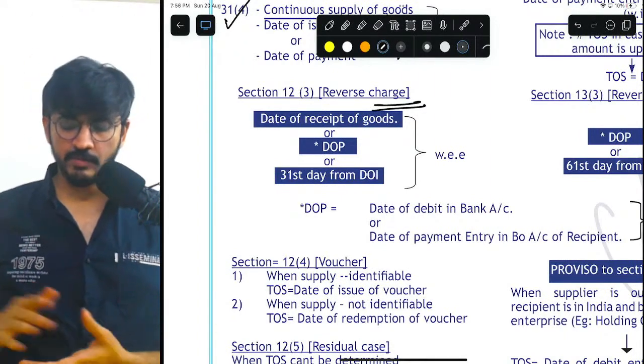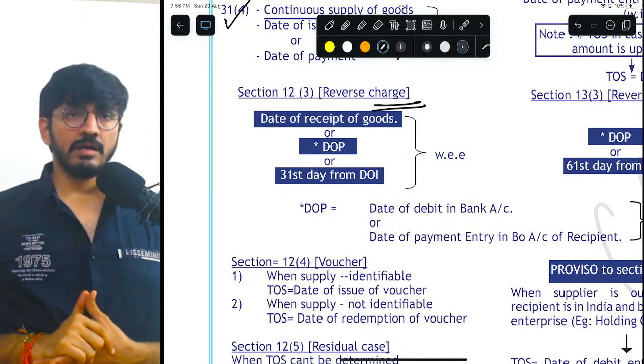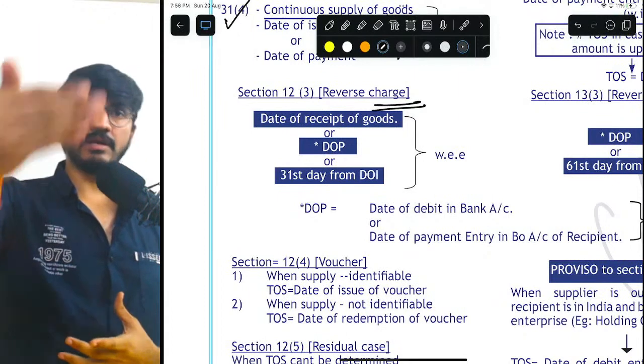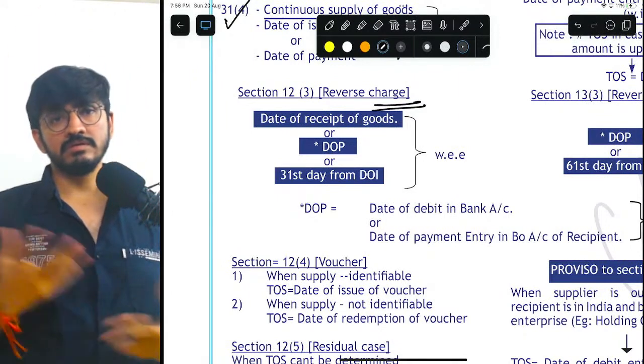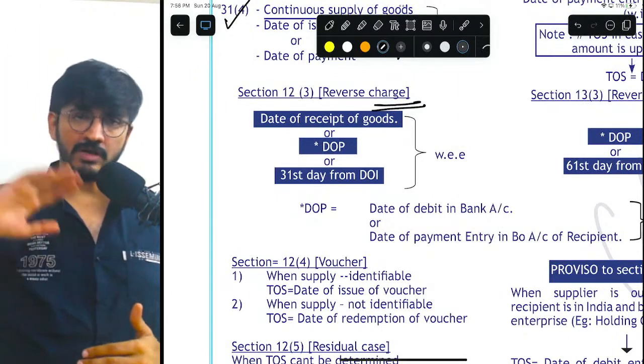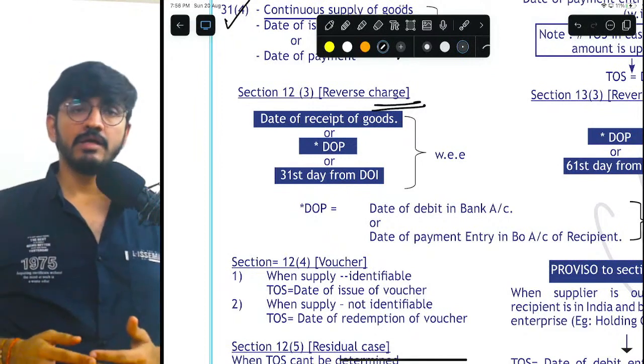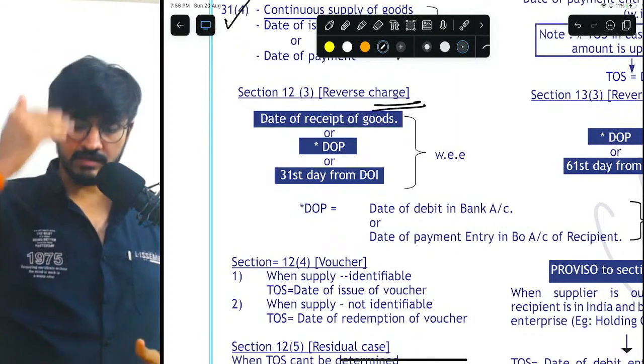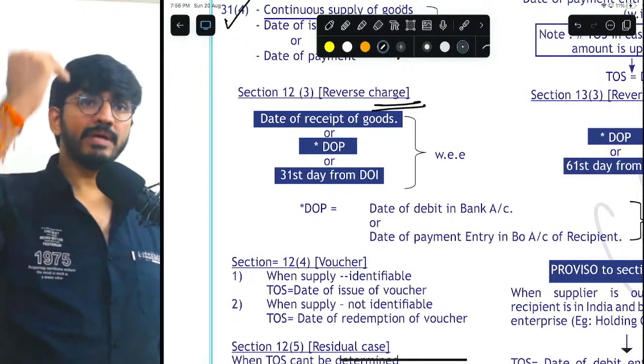In that case, understand one thing. First act that will happen is I will receive the goods. Then what will I do next? Once I receive the goods, I will make the payment to you. So clearly those are the transactions. First, I will receive the goods. Second, I will make the payment.